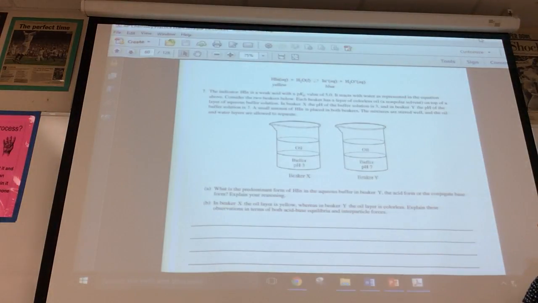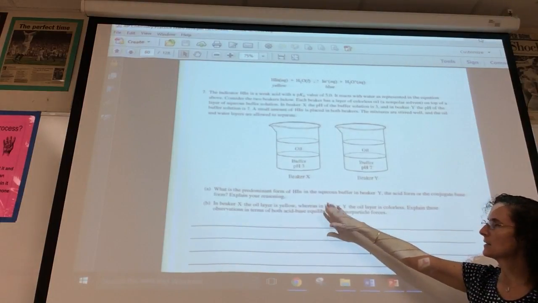So in this instance, the conjugate base form is the predominant form of the indicator. And that's because the pH is greater than the pKa. And you can explain it in terms of Henderson-Hasselbalch. There's nothing wrong with that. Alternatively, you can indicate with the pH being greater than the pKa, the forward reaction is favored, hence the In minus concentration would be greater than the acid form.